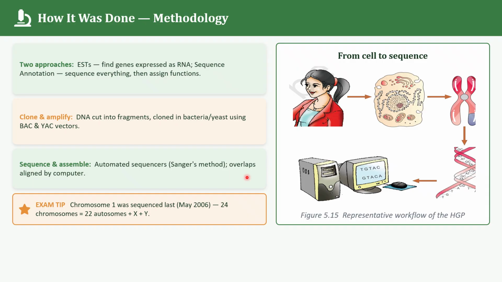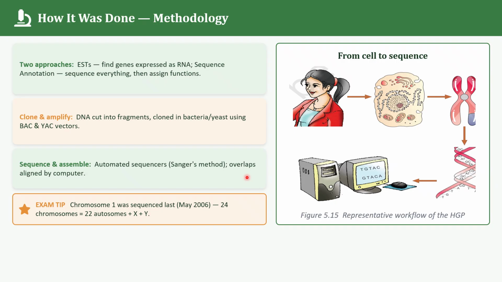These fragments are arranged using their overlapping regions. For example, let us take fragment A as A, B, C, D, E, and fragment B as D, E, F, G, H, and fragment C as G, H, I, J, K. The overlapping portions help them to arrange it as A, B, C, D, E, F, G, H, I, J, K.